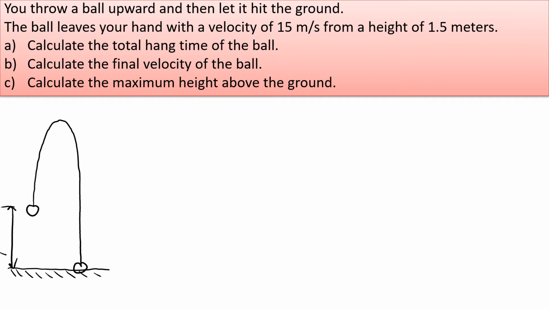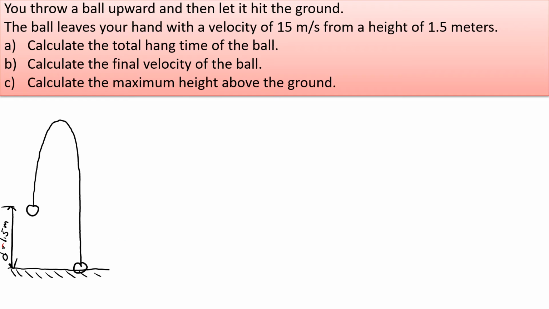So D equals 1.5 meters. Starts above the ground, and then it goes down, right? So I'm starting here, and I end here. So my displacement is this way. So I make that negative, okay?